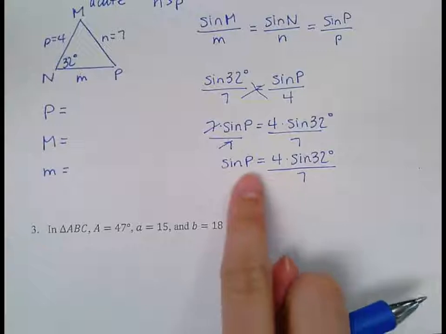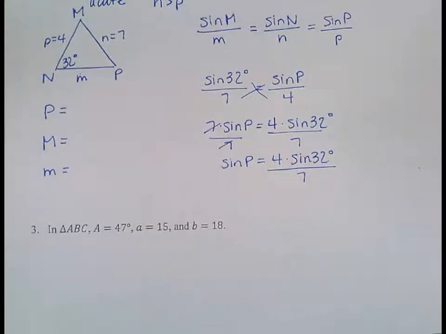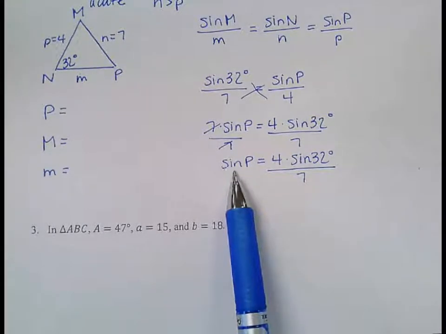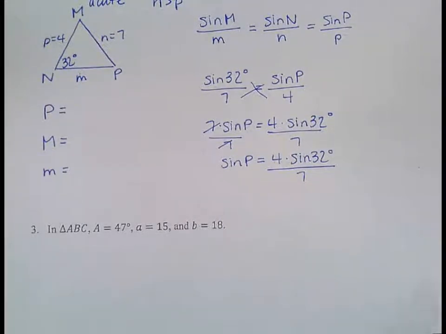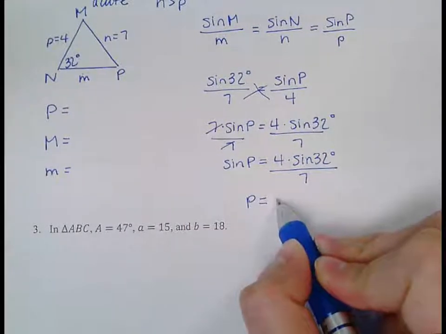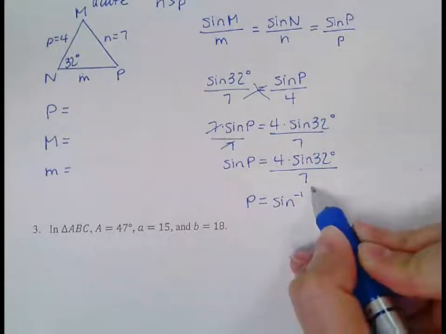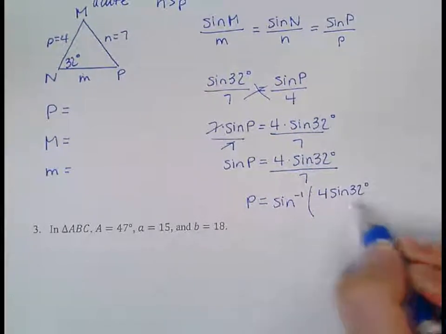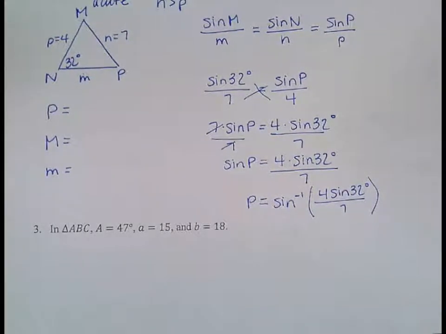And if we have sine of P, and keep in mind you're trying to find an angle, what do we need to do to find the angle P? How do you cancel out sine? Yep, the inverse, the sine^-1, the inverse sine. So if we take inverse sine of each side, angle P is going to equal inverse sine of this whole quantity, 4 sine of 32 degrees, all divided by 7.